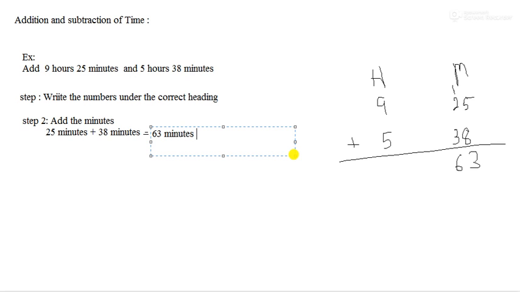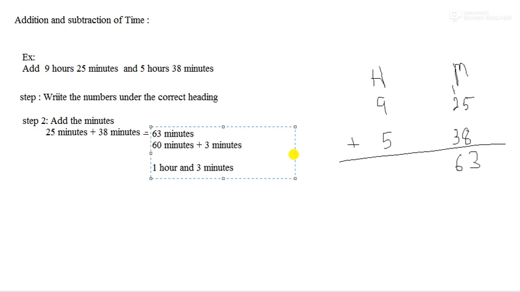Now here 60 minutes plus 3 minutes, now convert this 60 plus 3. 60 minutes means 1 hour. So 1 hour and 3 minutes.